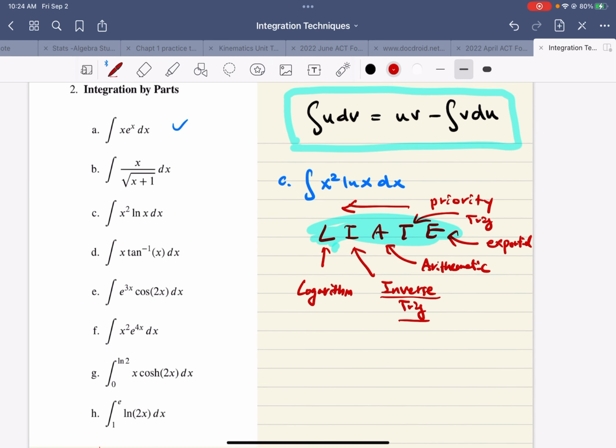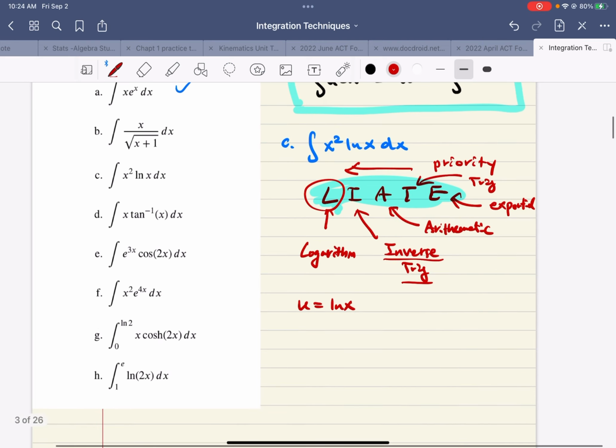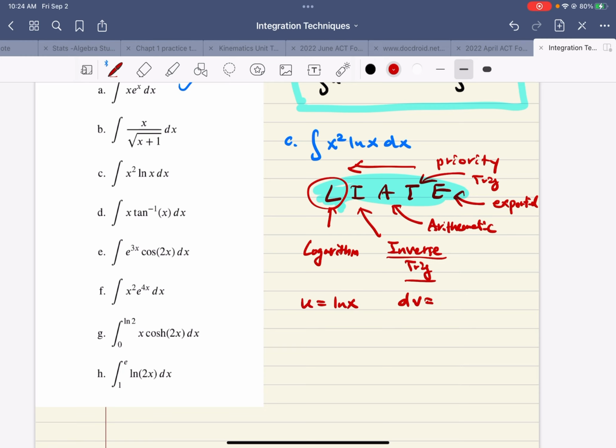Okay. So let's say u equals ln x, because logarithm has the highest priority right here. So dv equals x squared dx. So du is 1 over x dx. And then when you take the integral of dv equals x squared dx, it will be v equals 1/3 x cubed.